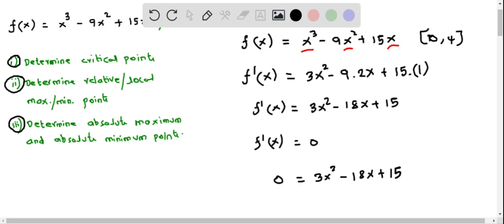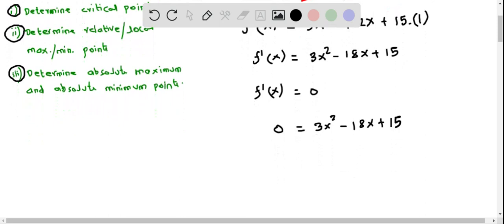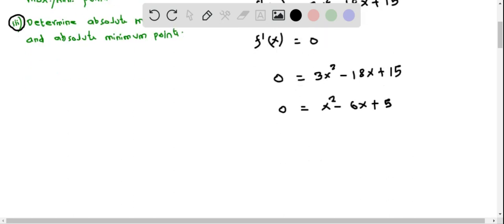We see that on the right side expression we have a common factor of 3, so we can divide both sides by the common factor 3. 0 divided by 3 is 0, and this equals x squared, since 3x squared divided by 3 is x squared, minus 18x over 3 is 6x, plus 15 divided by 3 is 5. So basically we get this equation. I rewrite this equation as x squared minus 6x plus 5 equals 0.